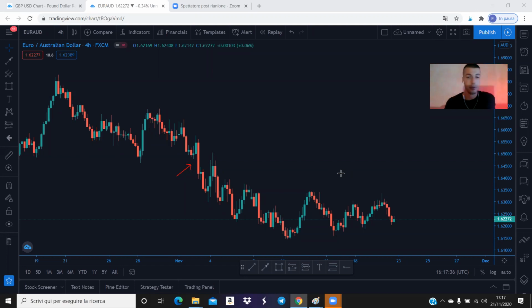Any other question? Or I will wait. If you don't see a base in the 4 hour, do I go to the 1 hour to see a clear base? As I said, if I see a big push in the 4 hours, a big candle, either bullish or bearish, then I start looking at the base.